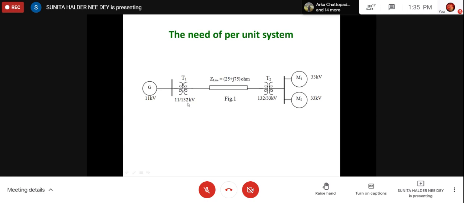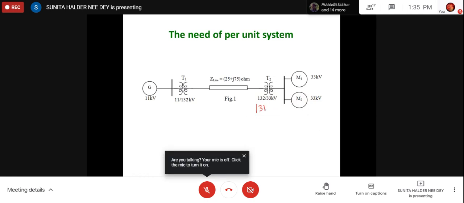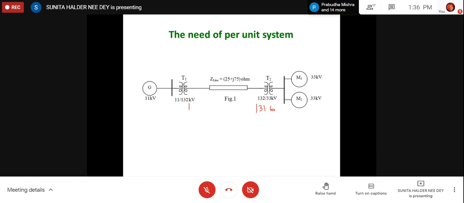If this side is 132 kV and this side is 131.6, and we take 132 kV as the base voltage, then this side will be 1 per unit and this side something like 0.9-something will come. Due to a capacitive load or anything, a voltage rise is another issue. Otherwise, 1 per unit is the maximum voltage that we have assigned in the per unit system.